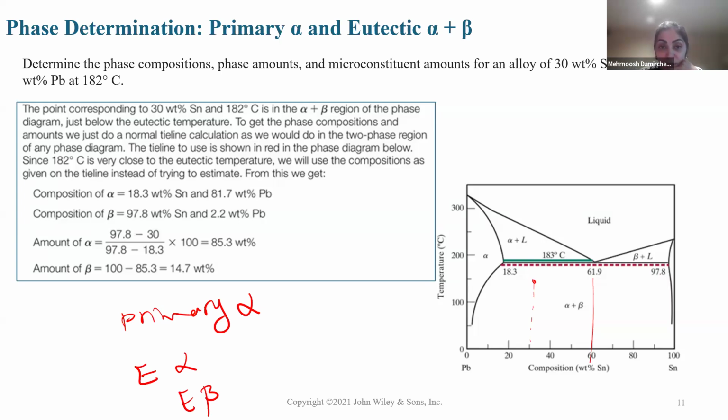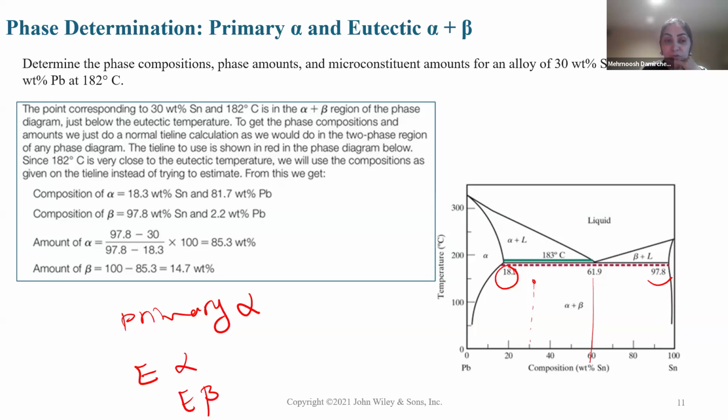Okay, you see the tie line. The tie line intersects alpha at 18.3 and beta at 97.8 Sn. So for alpha, 18.3% Sn, and 100 minus that is 81.7 Pb. For beta, 97.8 Sn, and 100 minus that is 2.2 Pb.